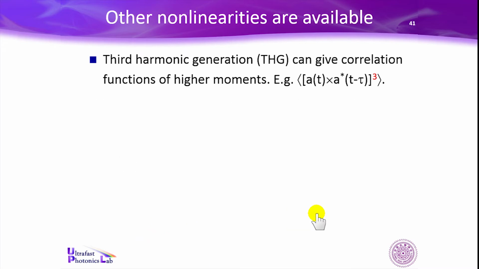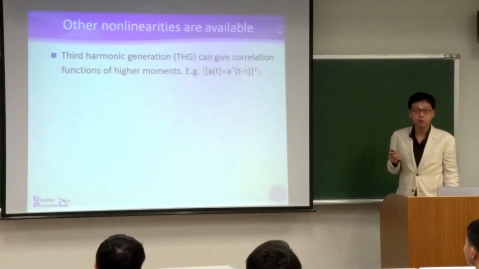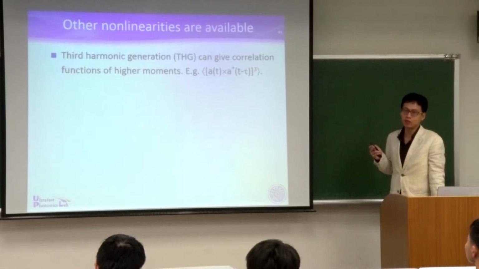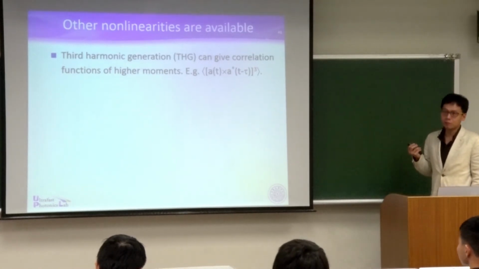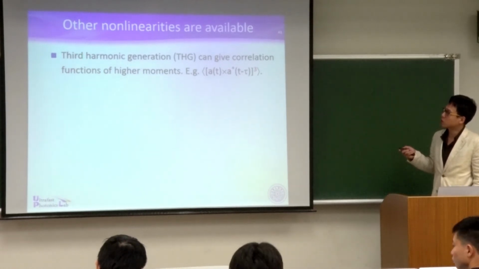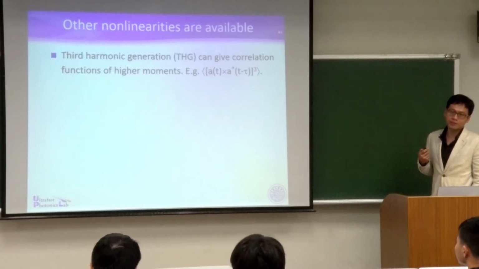Then, actually, there are other nonlinearities that can be employed for pulse measurement, not just second harmonic generation, although we use second harmonic generation as the example. Okay. For example, you can use third harmonic generation for intensity autocorrelation.